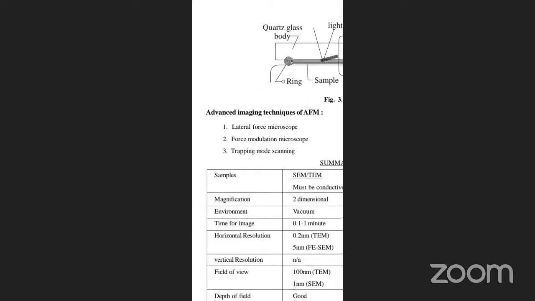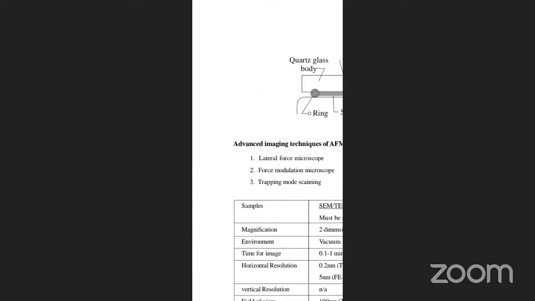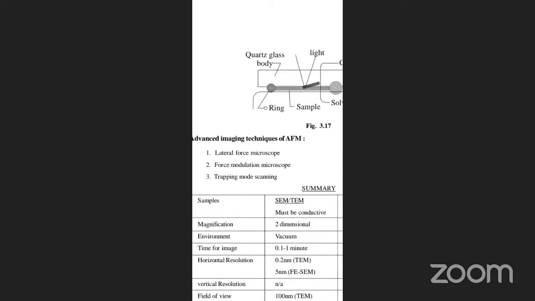Advanced imaging techniques of AFM: lateral force microscope, modulation microscope, tapping mode scanning. Comparing SEM and AFM: samples, SEM must be conductive, while AFM can image conductive and insulating samples. Magnification: two-dimensional for SEM, three-dimensional for AFM. Environment: vacuum for SEM; air, vacuum or liquid for AFM.